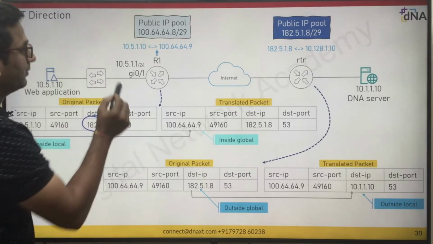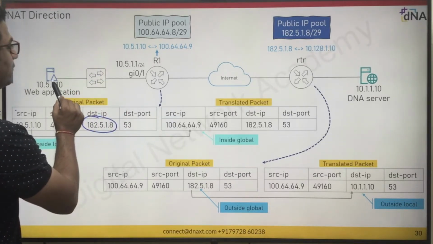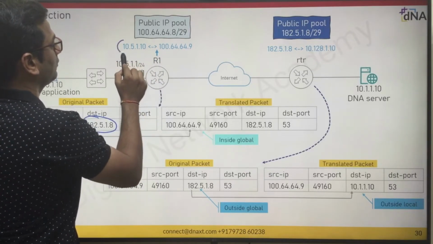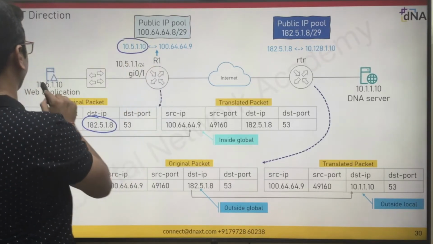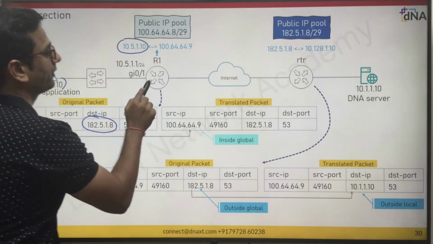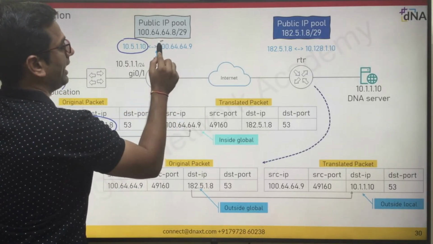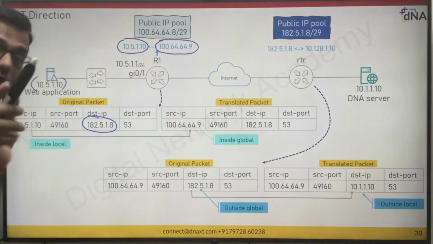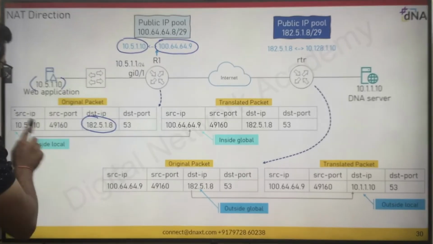Now look here, whenever a request comes from the source on router 1, 10.5.1.10, if it is a source, whenever traffic leaves the router, it should get NAT with 100.64.64.9.